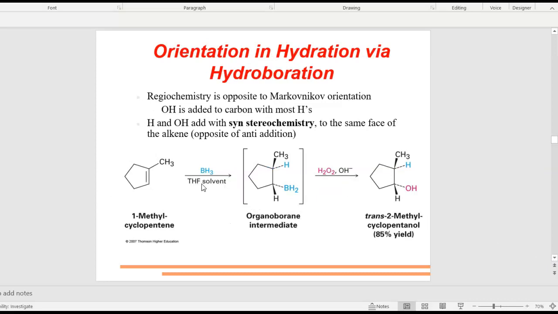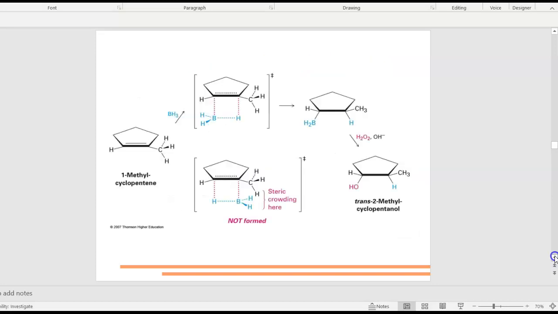Okay. So why this happens is the mechanism, where you can look, the BH3 forms a transition state. If you look at it, we have a transition state where the BH2 is attached to the carbon atom which is less substituted, because otherwise there will be too much steric crowding.